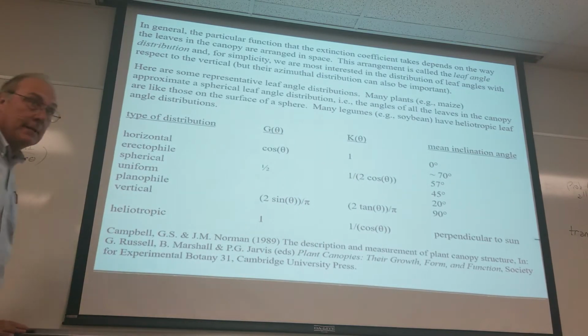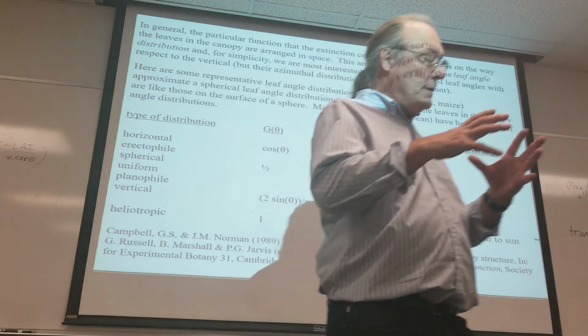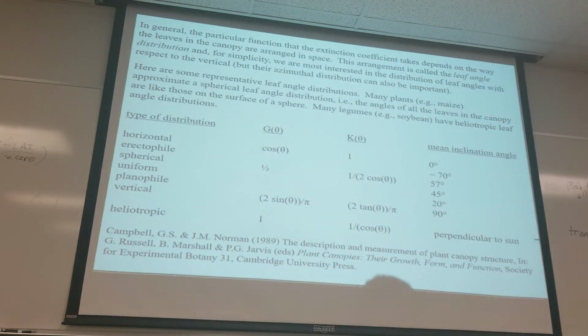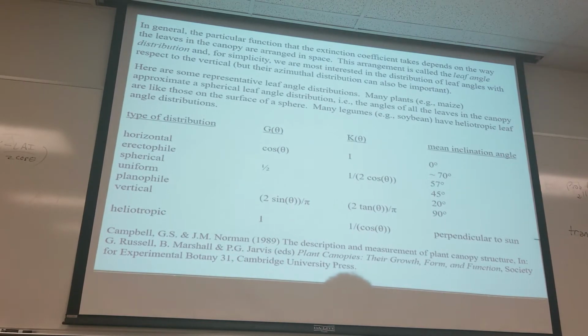What is a spherical leaf angle distribution? Imagine a sphere. You know what it is, a basketball or something. Take that surface of that sphere, cut it up into little bits, but keep it as a sphere, like a puzzle sphere, right? And each of those bits then, rearrange them at random in some volume.